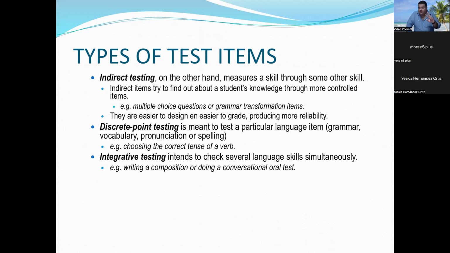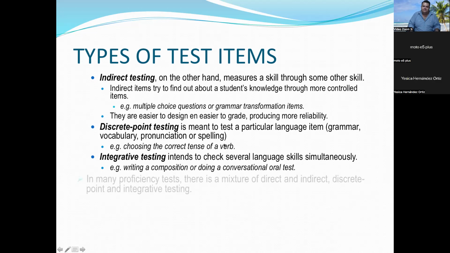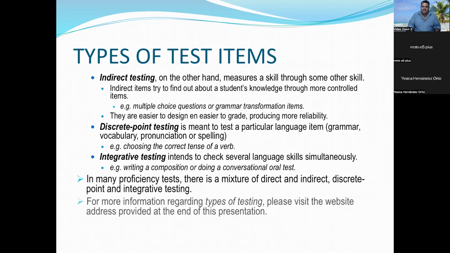And then the following two: discrete point testing is meant to test a particular language item, such as grammar, vocabulary, pronunciation, and spelling. And integrated testing intends to check several language skills simultaneously. In many proficiency tests, there is a mixture of indirect, discrete, and integrative testing.